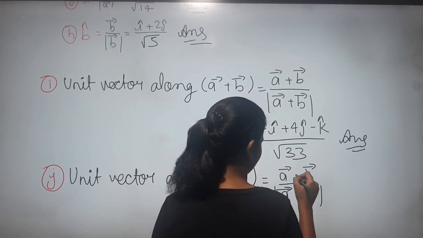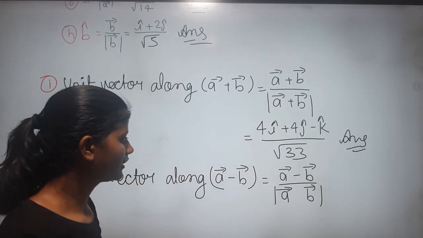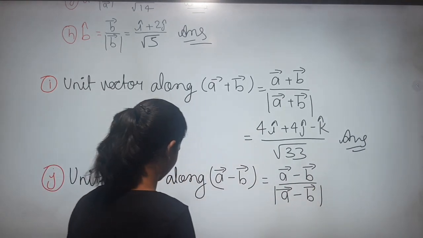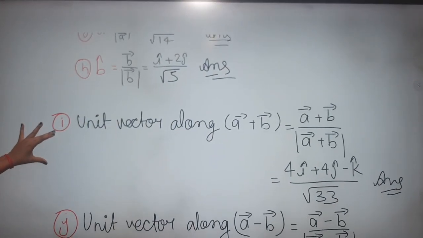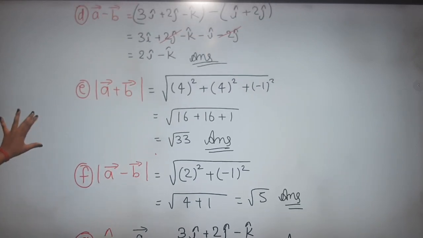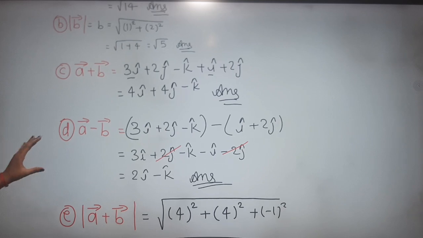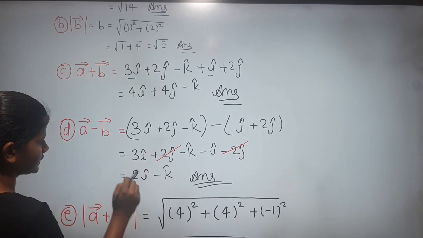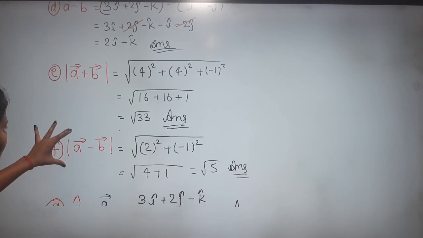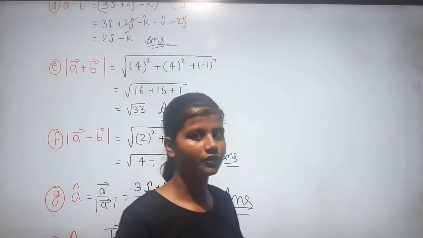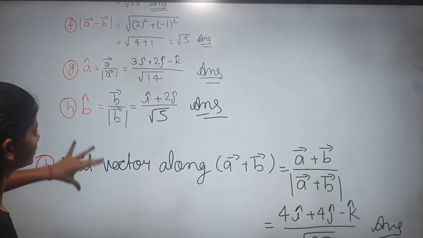So here we had already found the value of a vector minus b vector and the magnitude of the a vector minus b vector. So here a vector minus b vector is 2i cap minus k cap, and the magnitude of a vector minus b vector is root 5. Now put this value.